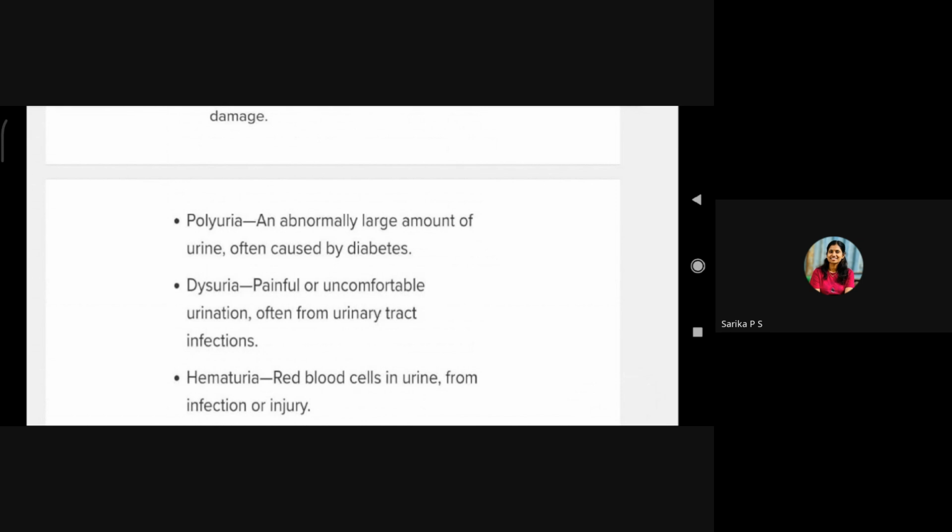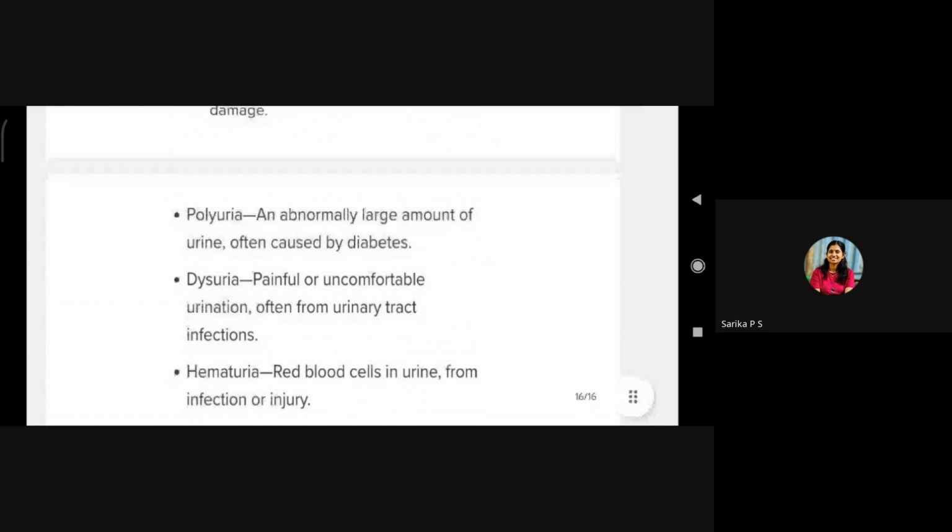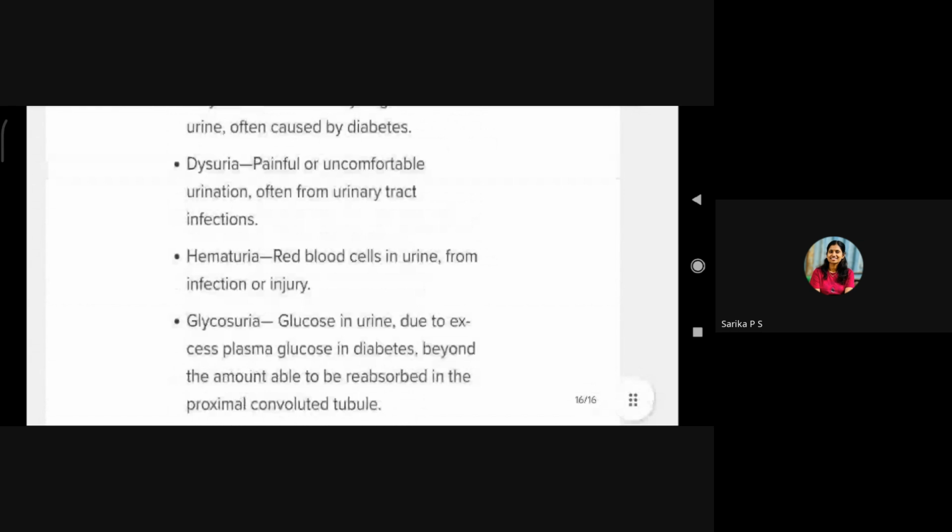Next is dysuria. Dysuria is painful or uncomfortable urination, often from urinary tract infections. Any condition causing discomfort or pain in urination is known as dysuria, and generally it can be seen in UTI, urinary tract infection. Next is hematuria.